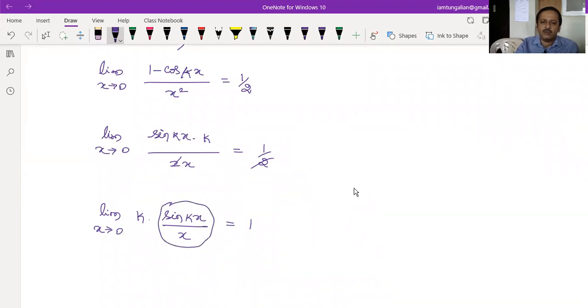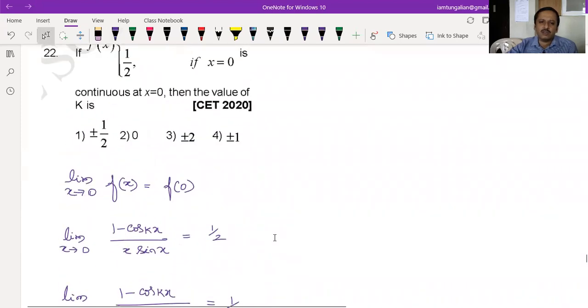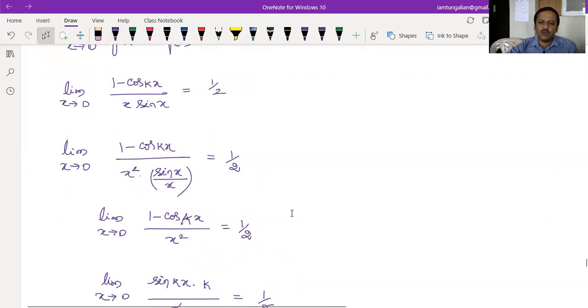Now this value will be equal to k because you have to multiply and divide by k, right? So k into k square equal to 1. This will imply that k is equal to plus or minus 1, which means the fourth option is the right answer.